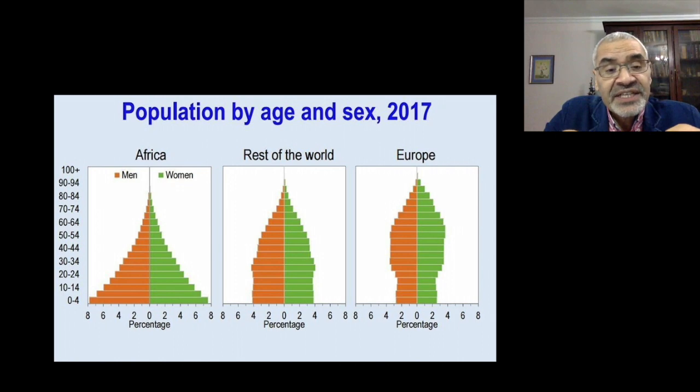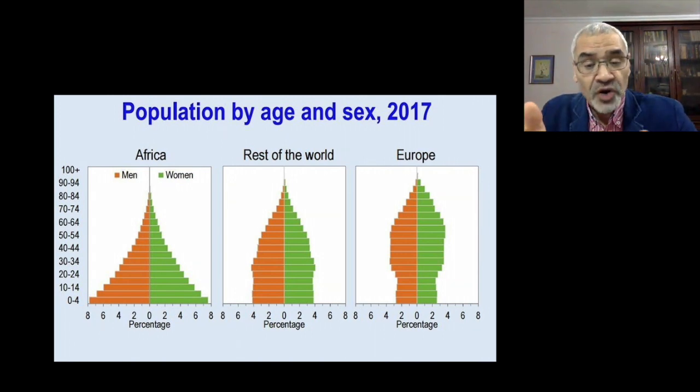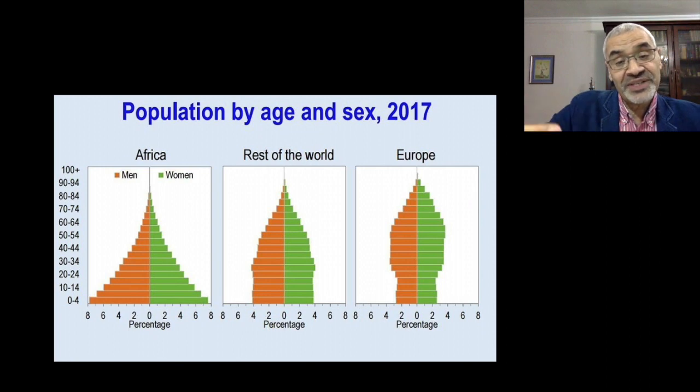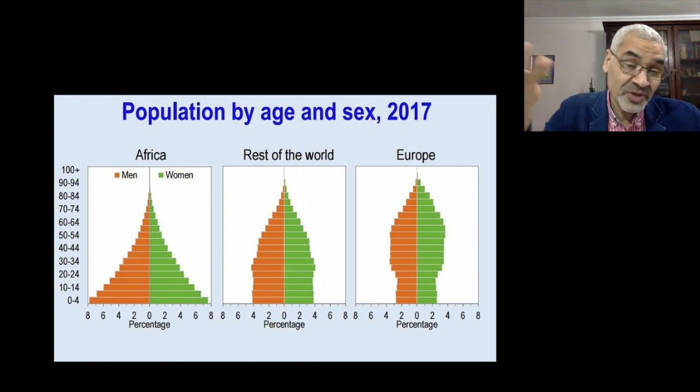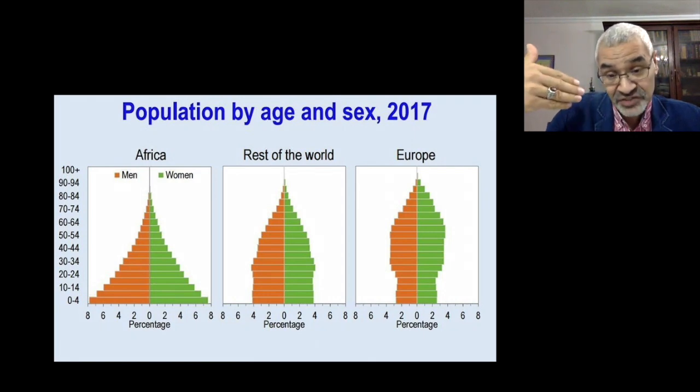And then the rest of the world is almost slim, and Europe is very slim in the beginning, in the first steps, which means that fertility is decreasing sharply because it is less than the replacement level, which is 2.1 live births on average per woman.